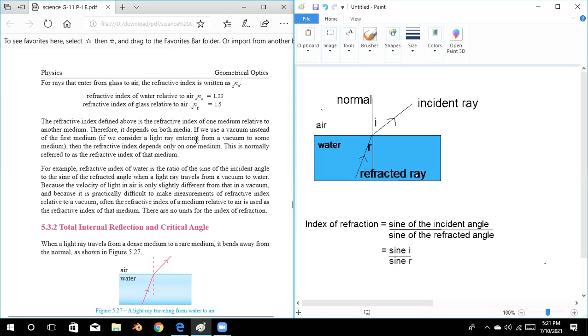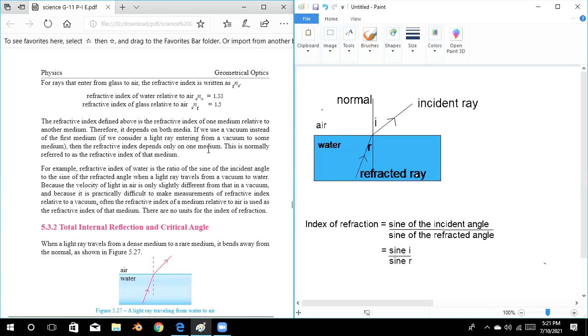If we use a vacuum as the first medium, if we consider a light ray entering from vacuum into some medium, then the index depends only on that one medium.